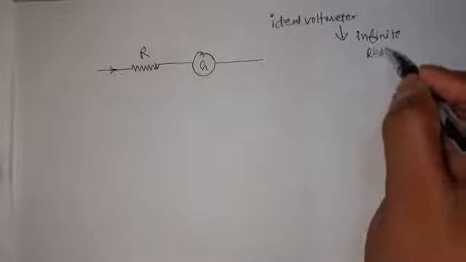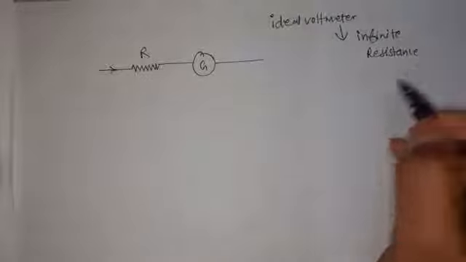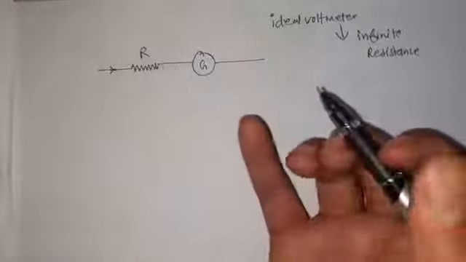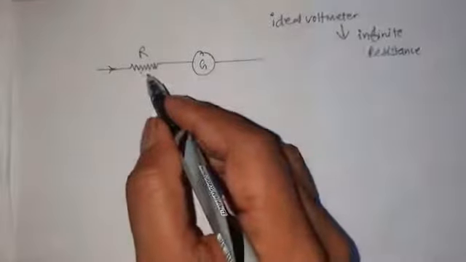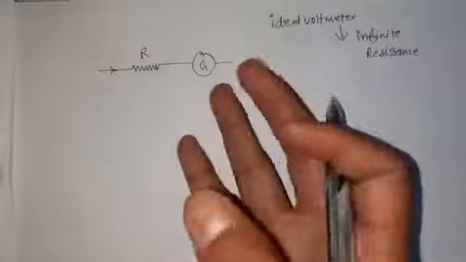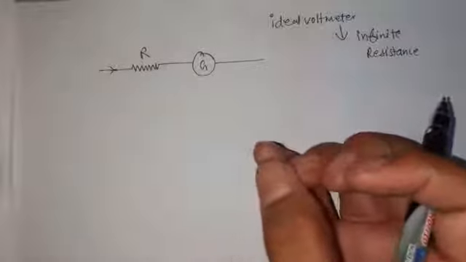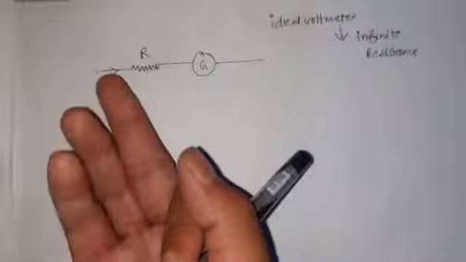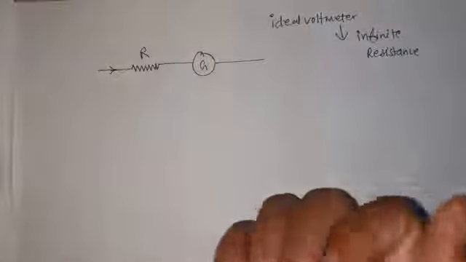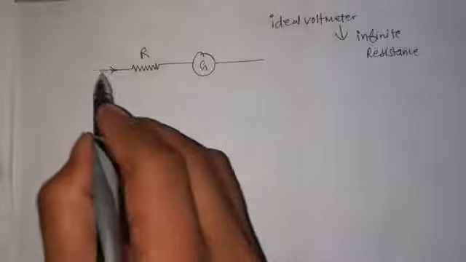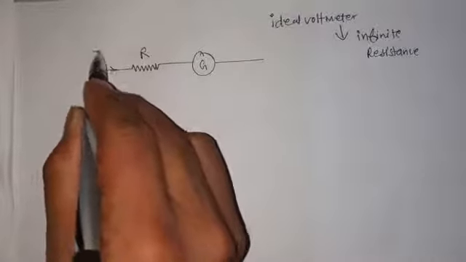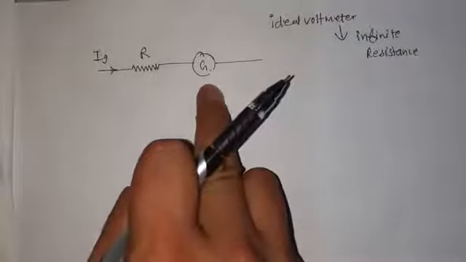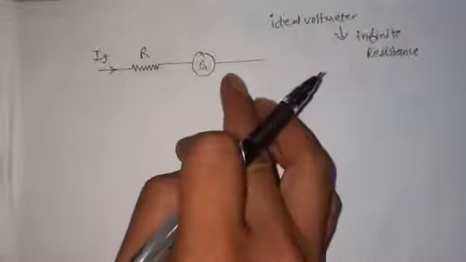So we would have to use infinite resistance here so that it can accurately give the measurement. But we cannot achieve it, so still a small amount of current will pass through this galvanometer. We want only that current to pass through the galvanometer for which it will give full deflection.